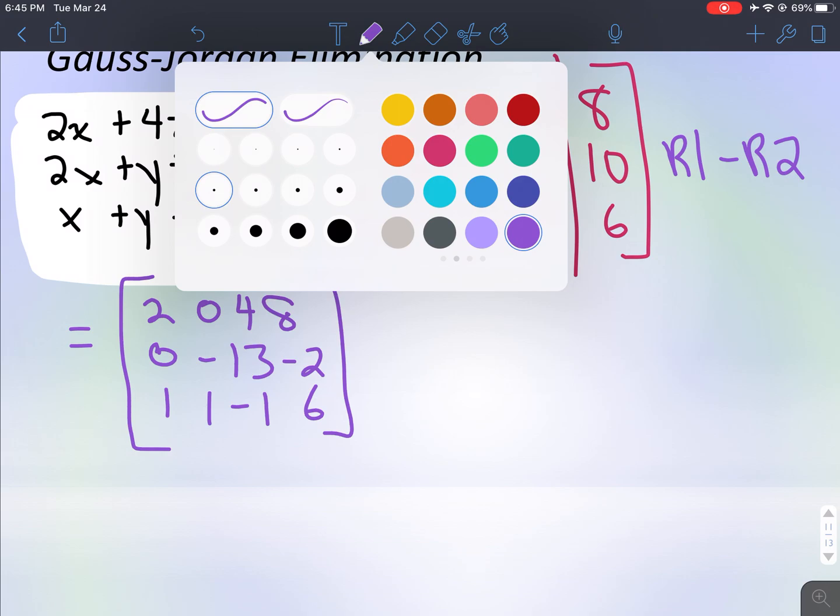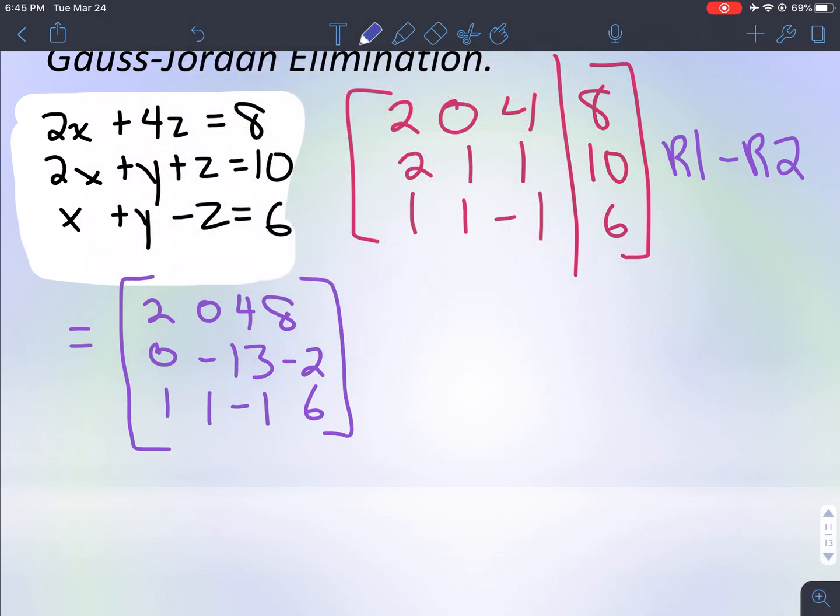So the whole idea is I'm trying to make zeros along the bottom part of the matrix. Let's take 1/2 and multiply it by the first row. So now I have 1, 0, 2, 4. That turned out pretty nice.